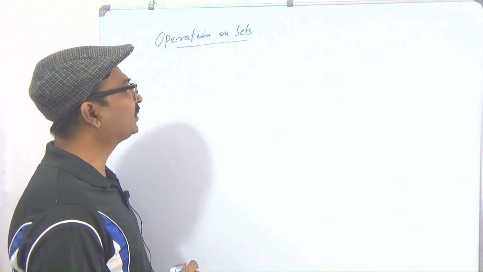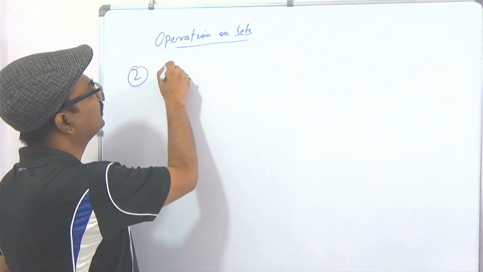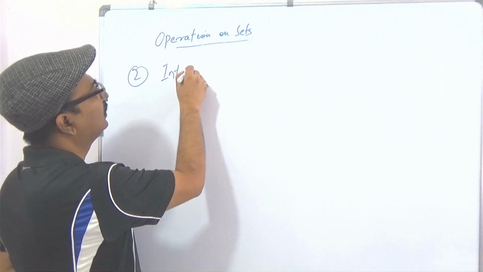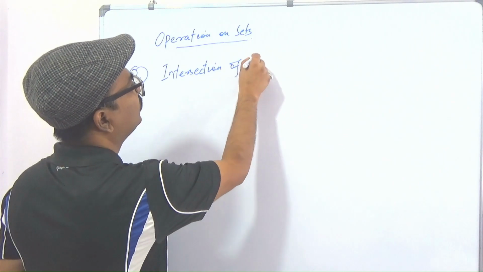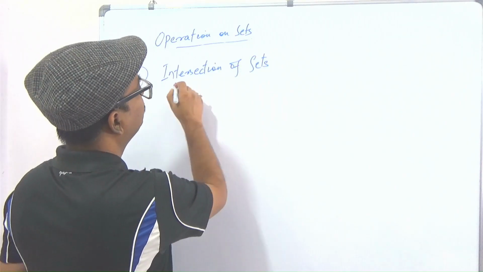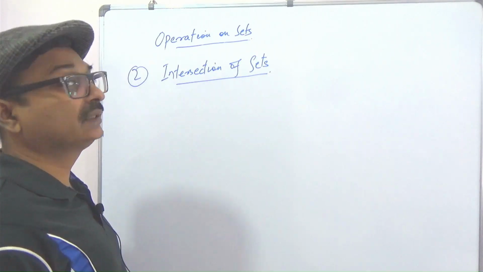The next operation that we'll study is called intersection of sets. What is intersection of sets?